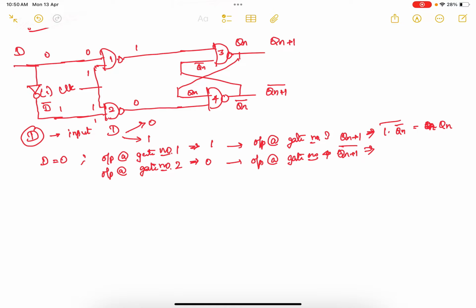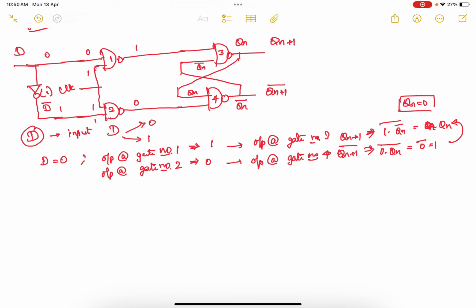So what I am going to do? I am going to proceed with the bottom side. In the bottom side, one of the inputs is 0, and the other input will be Qn bar, which is nothing but 0. 0 into anything is 0, 0 complement, so this will be 1. If this is 1, definitely my Qn should be equivalent to 0 based on this concept.